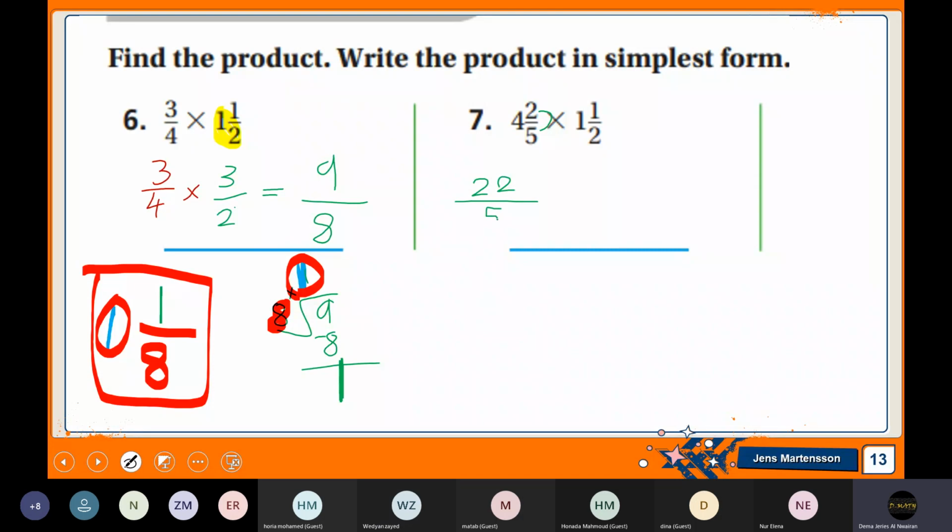Over the denominator, which is 5. The second one, 1 and a half: where is the denominator here? The denominator is 2. Good job. Now I want to rewrite the numerator. What will you do?